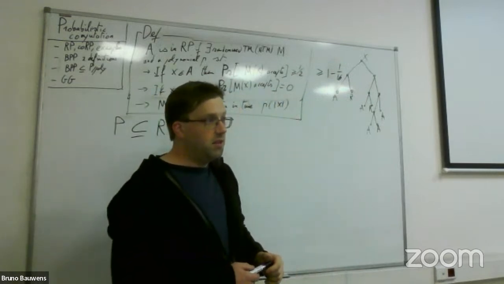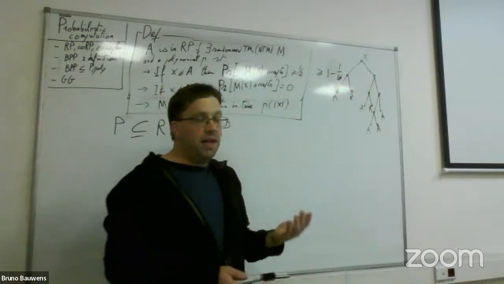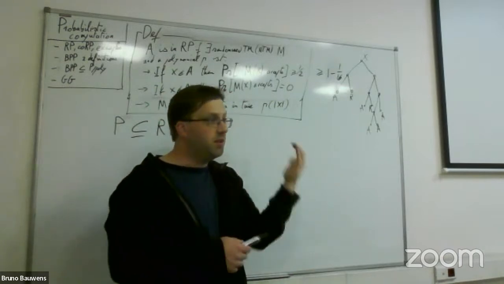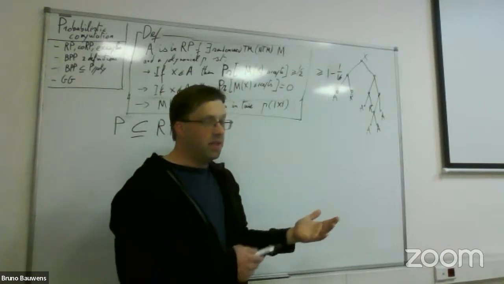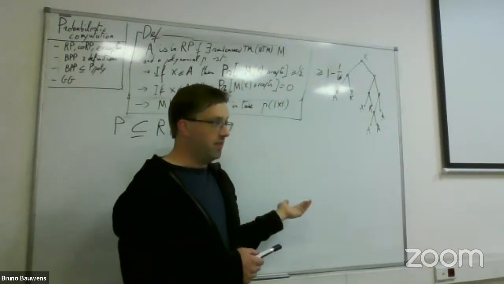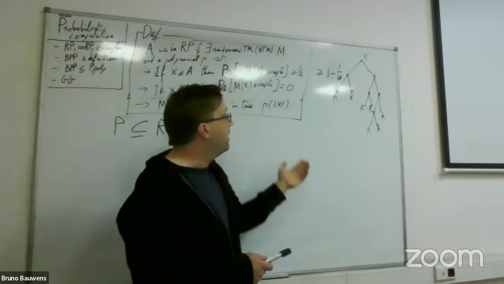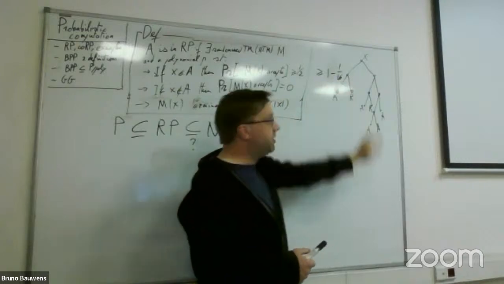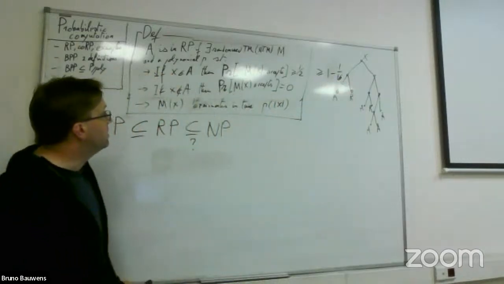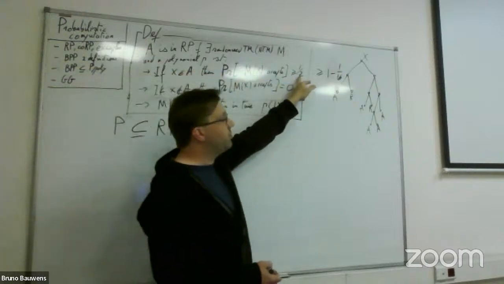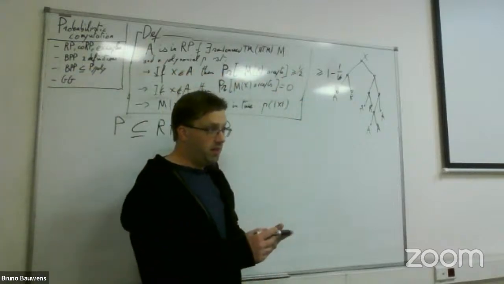Yes. So we run it 4 times, and if in one of these runs it says accept, we will believe that X is in the language. Only if 4 times it says reject, we will believe it's rejected. And now we will arrive with much higher probability. Because if X is in the language, the probability that the first run says reject is at most 1/2.